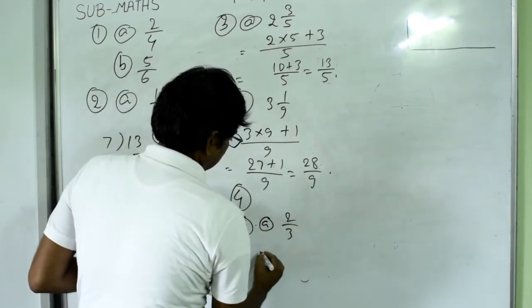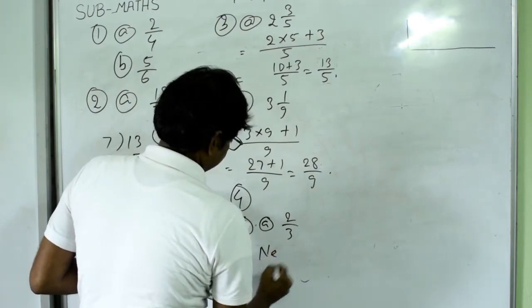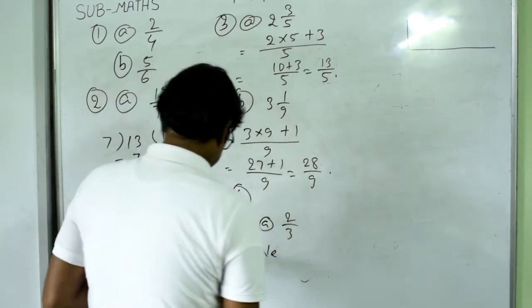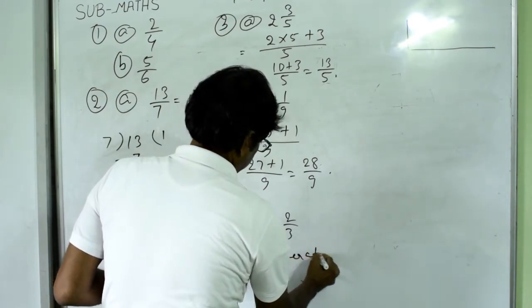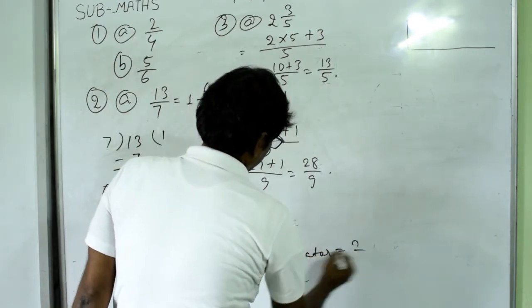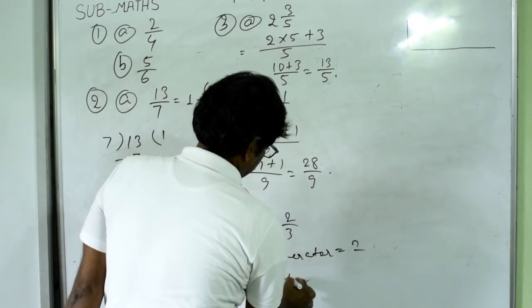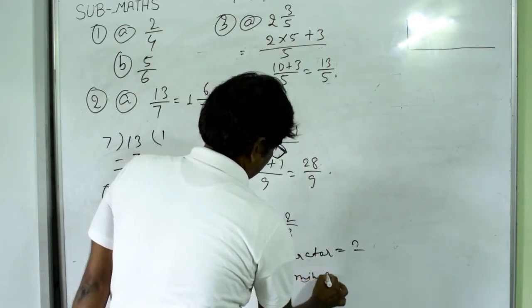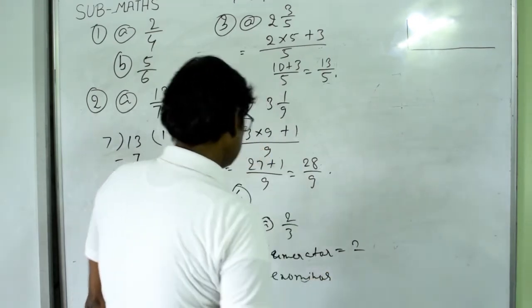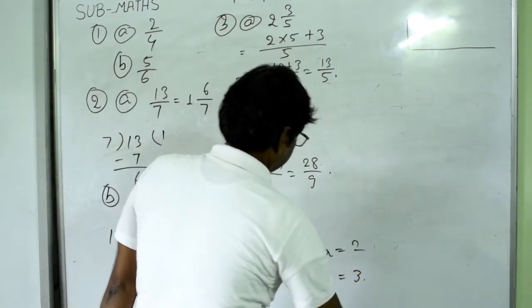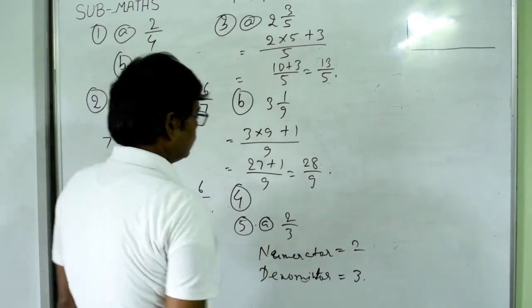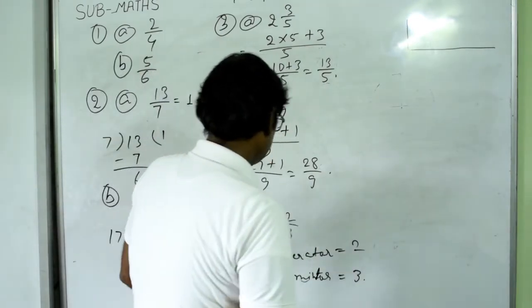Here you will write numerator equal to 2, denominator equal to 3.